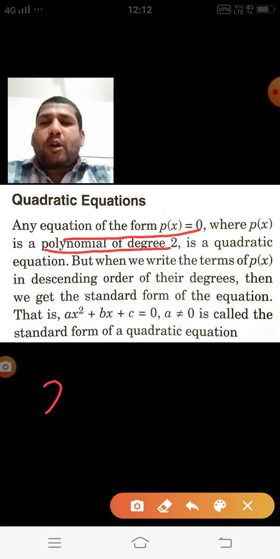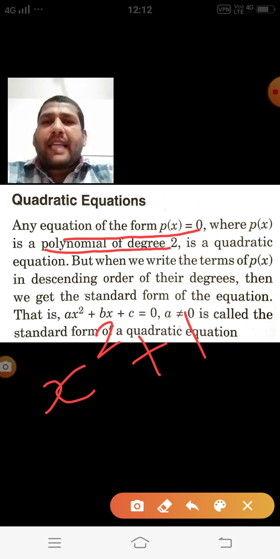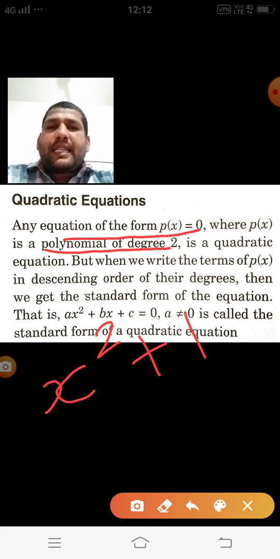Suppose I take the polynomial x square plus 1. Yes, it is a polynomial, and it is a quadratic polynomial because the highest power is 2. If I write x square plus 1 equal to 0, then it becomes a quadratic equation.